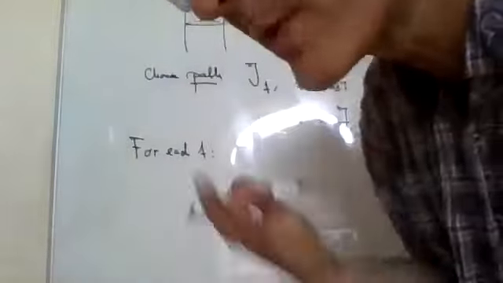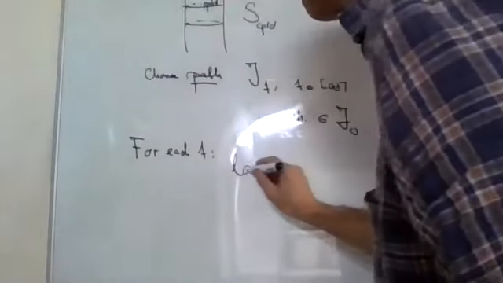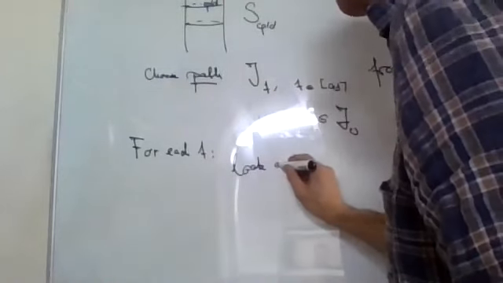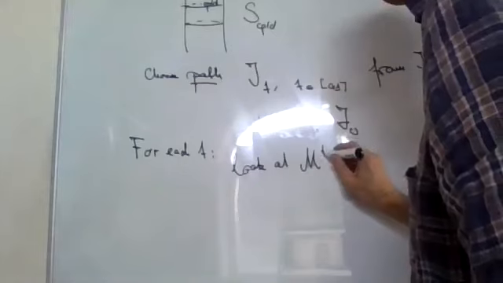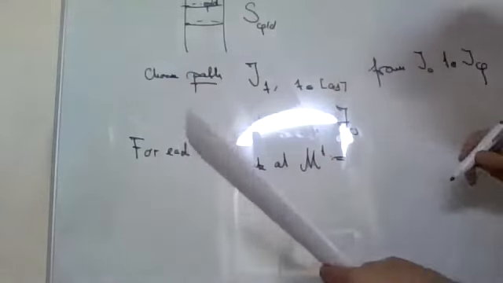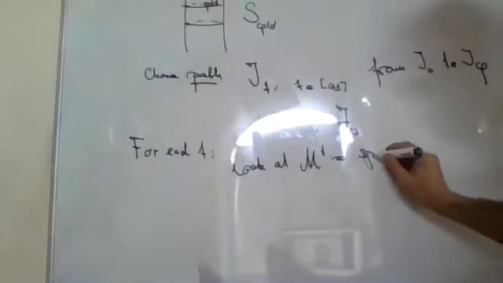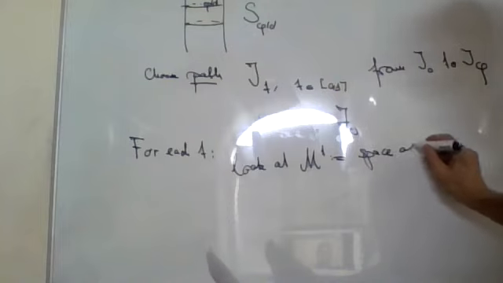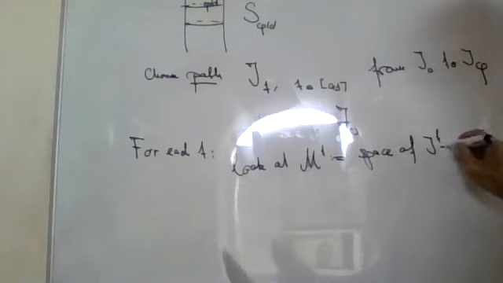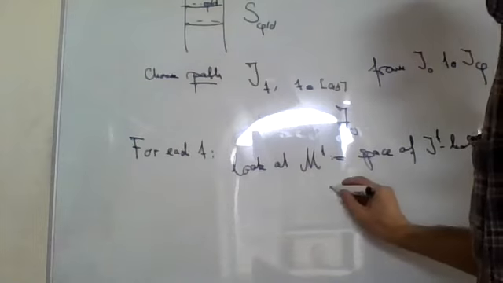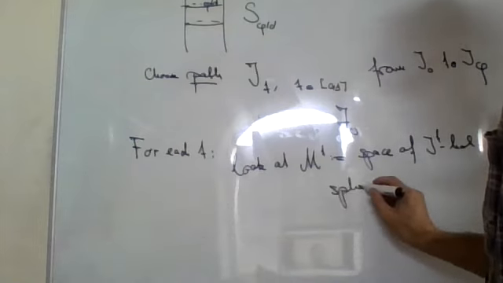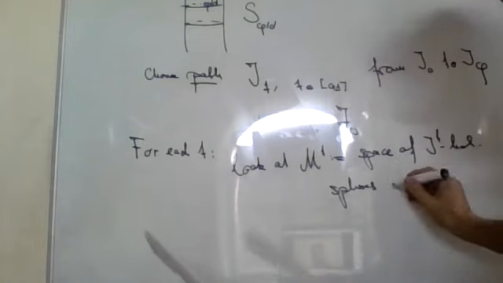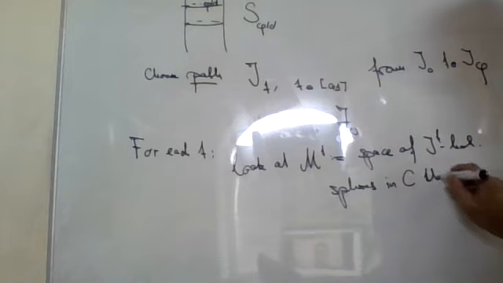Okay, so for each fixed t in [0,1], you look at the space of solutions. We call that the moduli space. So this is the space, or the set, of J_t-holomorphic spheres in that class through that point, through phi of 0.